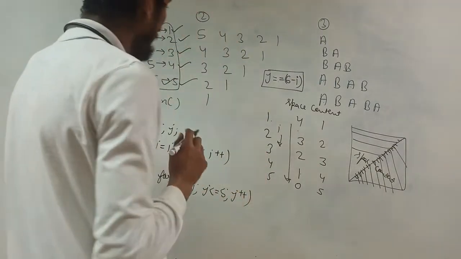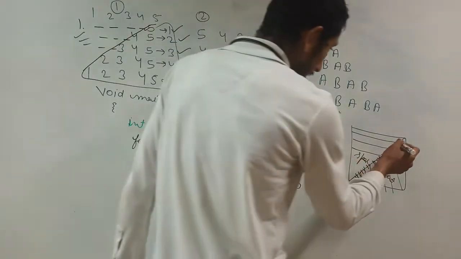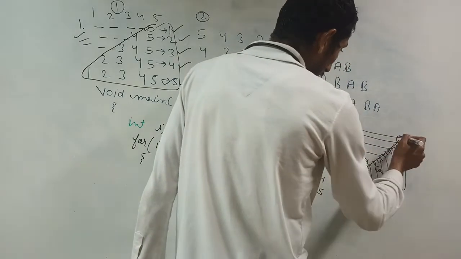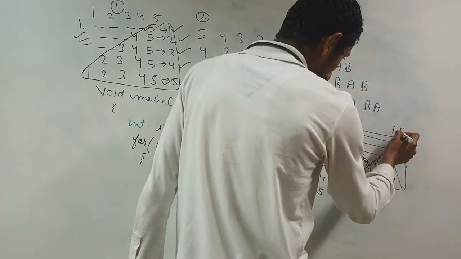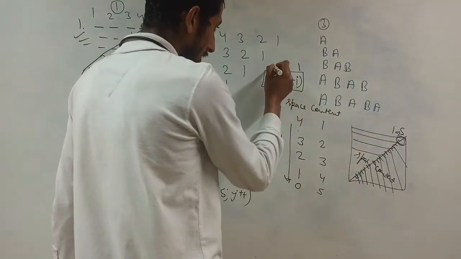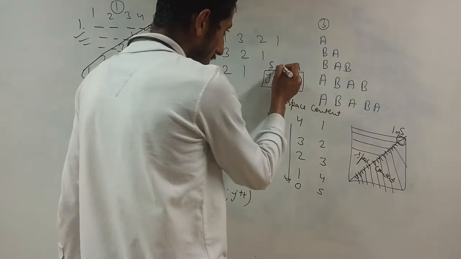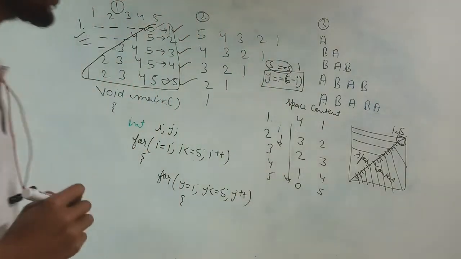Let me verify how I have written this. Here, what is the value of i? 1. What is the value of j? 5. So the value of i is 1, the value of j is 5. 6 minus 1 becomes 5, so 5 equals 5. Are you following this one?